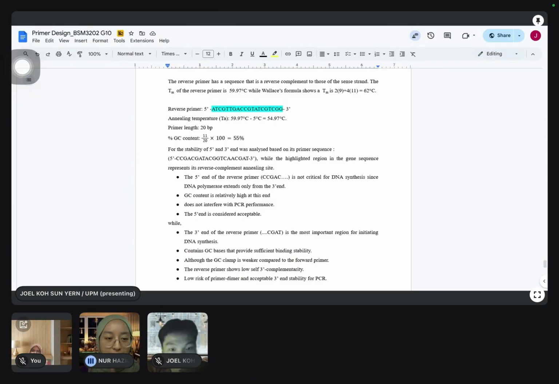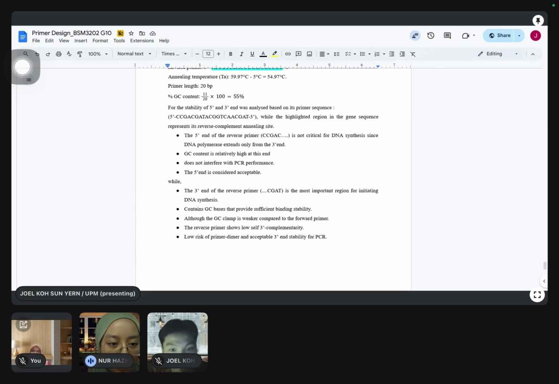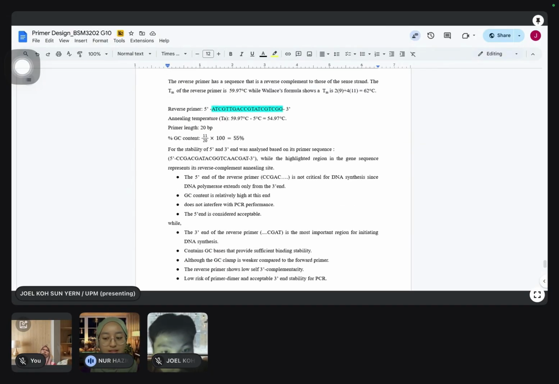The 5' end of the reverse primer is CCGAC. So CCGAC is the sequence of the reverse primer. The blue highlighted one is the reverse complement, so it's not the same. But I forgot to include the reverse primer sequence, so I just wrote it in the point.